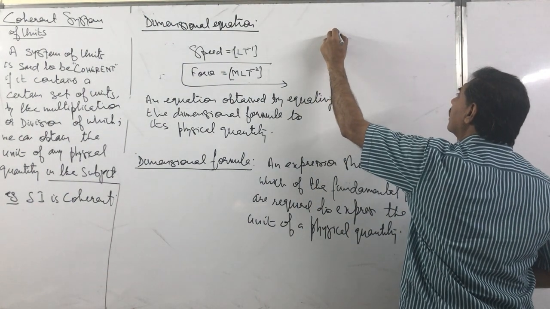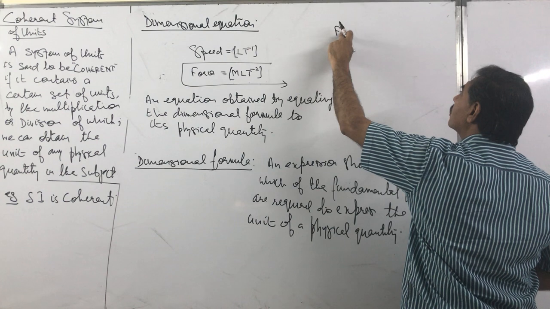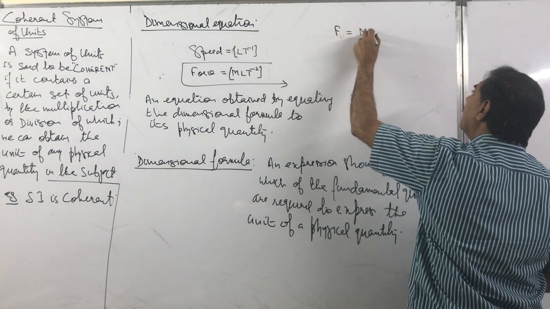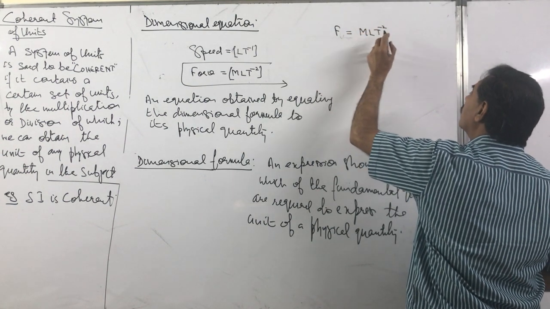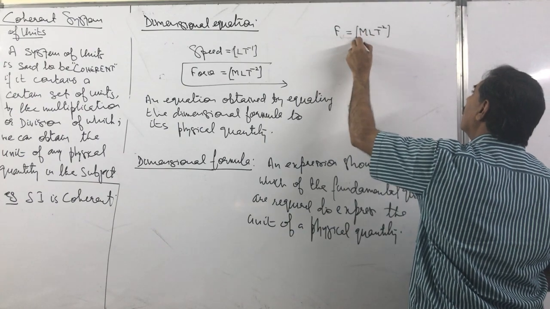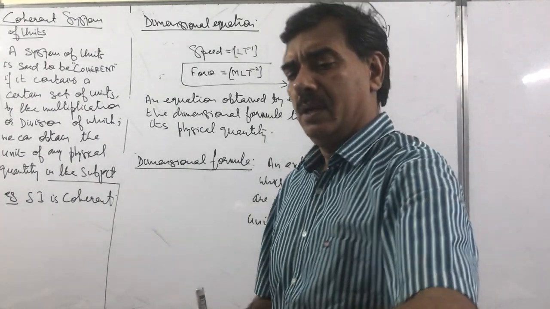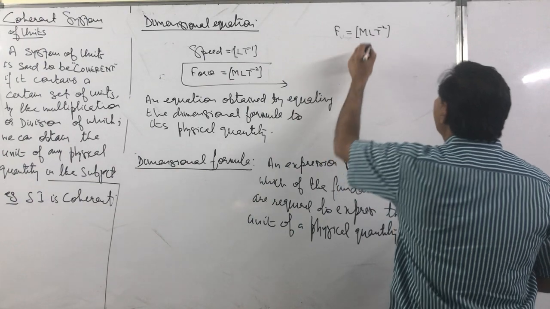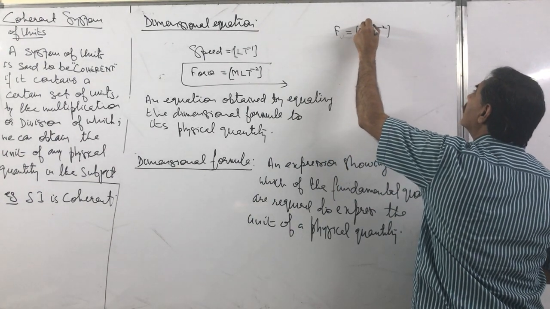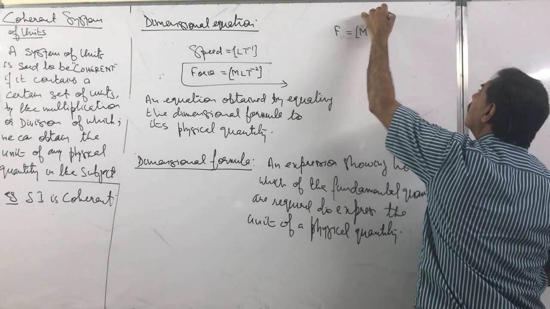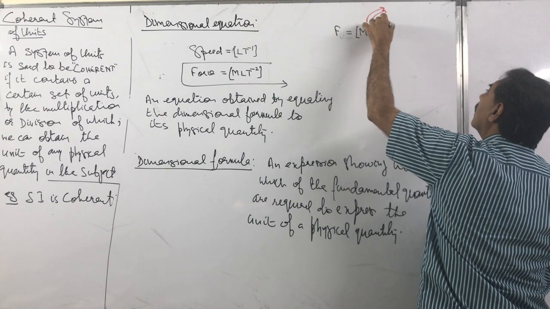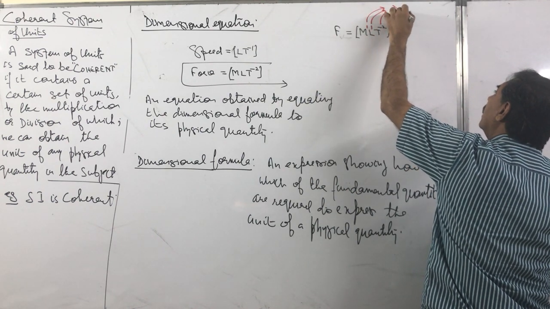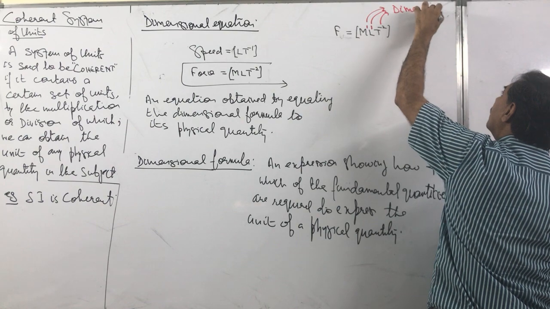Thus, if I write force equal to MLT minus 2, then these powers are called dimensions.